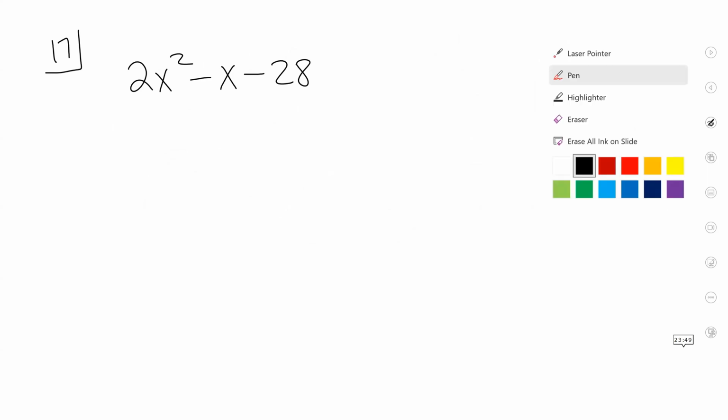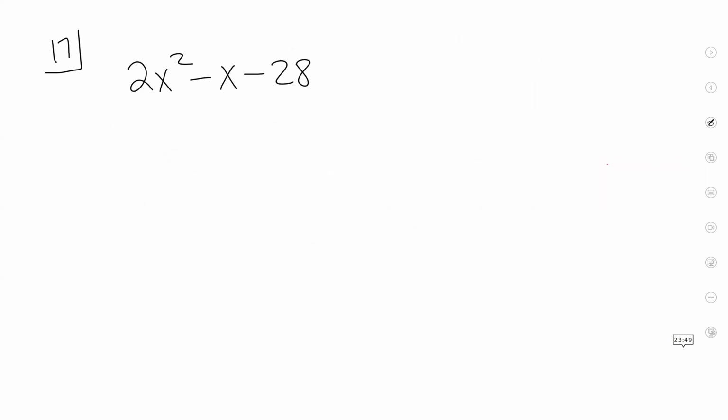Okay, we always do the slide and divide method whenever this first coefficient is not 1. That's when you can do the slide and divide, okay? So I'm going to do 2 times -28, which is what? Thank you. I want two numbers that will multiply to give me -56, but combine to give me this middle factor, which is -1.